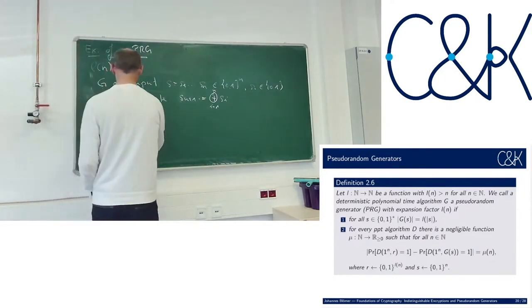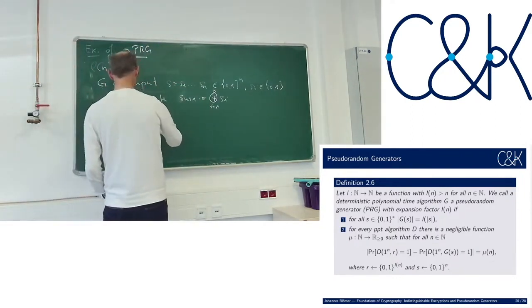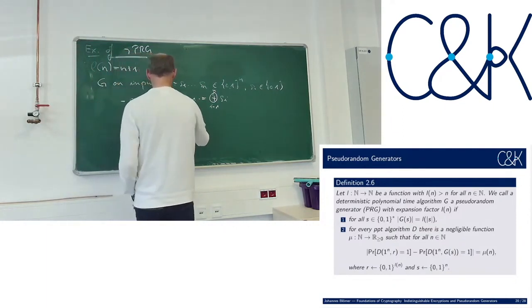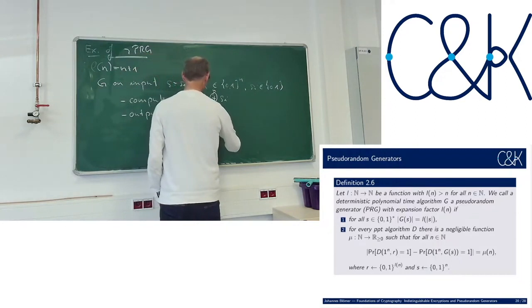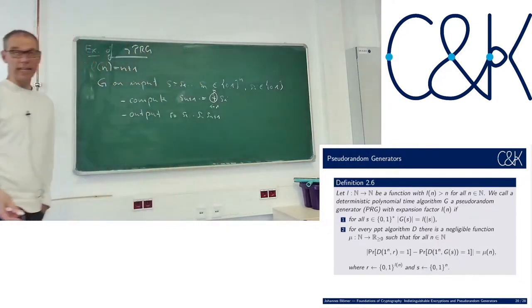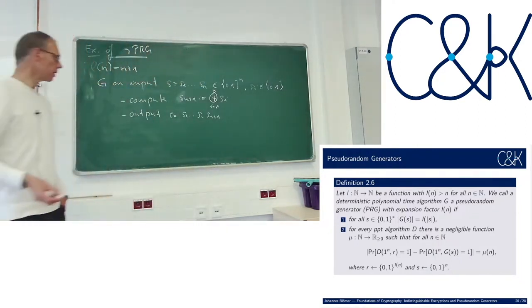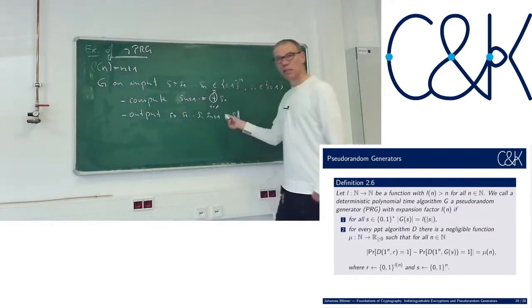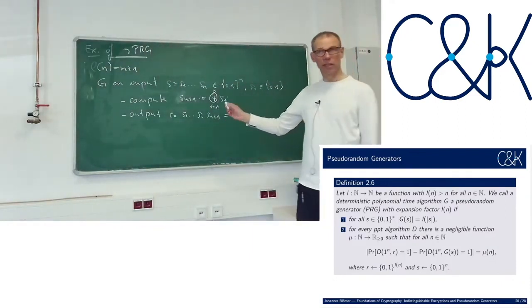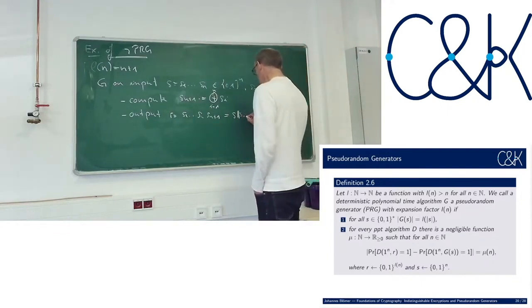And then output R, which is S1 up to Sn, and then I just concatenate it with Sn plus 1. So this is just S, where the double bars denote concatenation, with Sn plus 1.